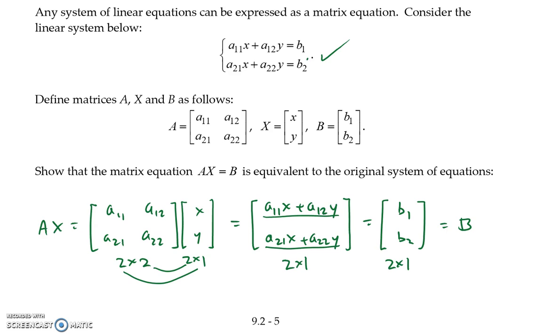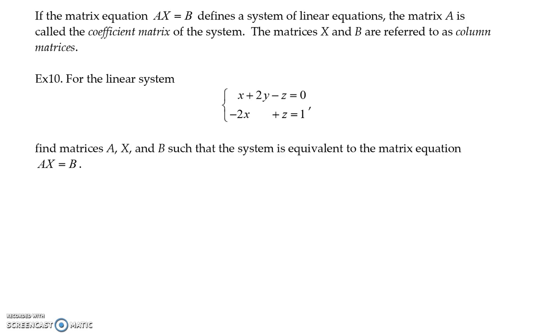The matrix A, by the way, is called the coefficient matrix of the system. So going to the next page, if the matrix equation AX equals B defines a system of linear equations, the matrix A is called the coefficient matrix of the system. The matrices X and B are referred to as column matrices because they consist of a single column of entries.